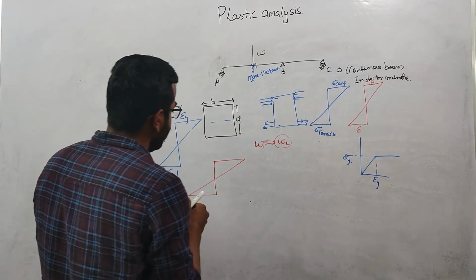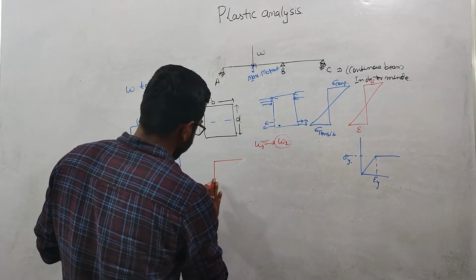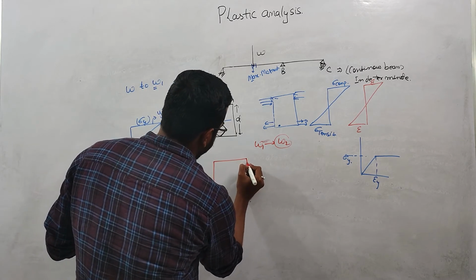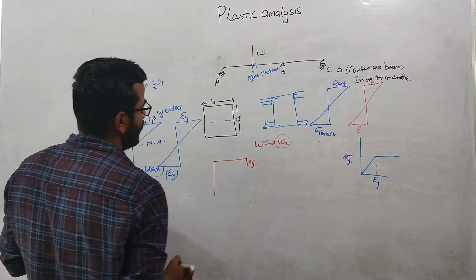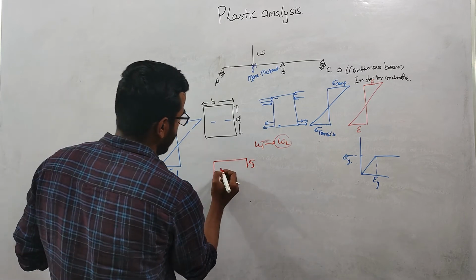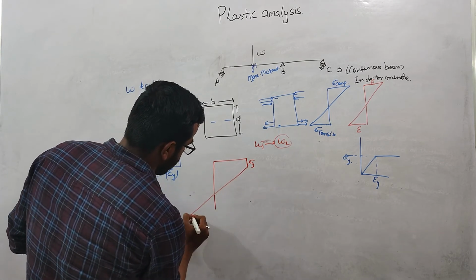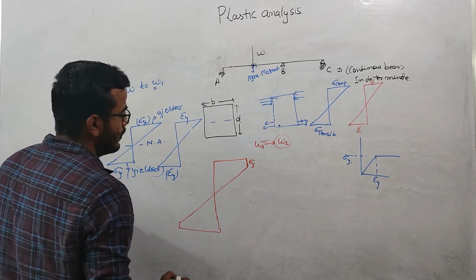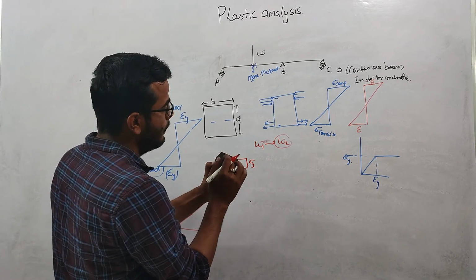So the stress will be sigma y at this top fiber, and this sigma y will continue, staying constant for some of the fibers below the top fiber. After that we will have some linear behavior of the stress.